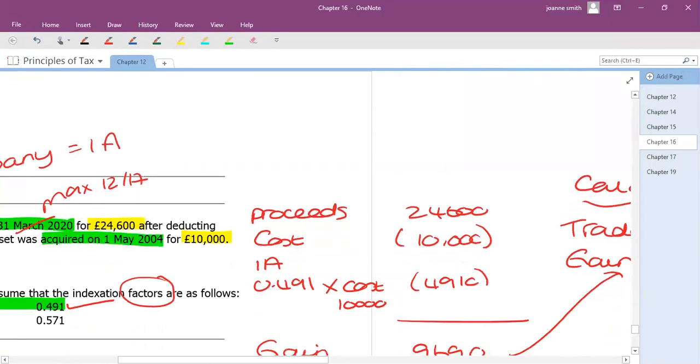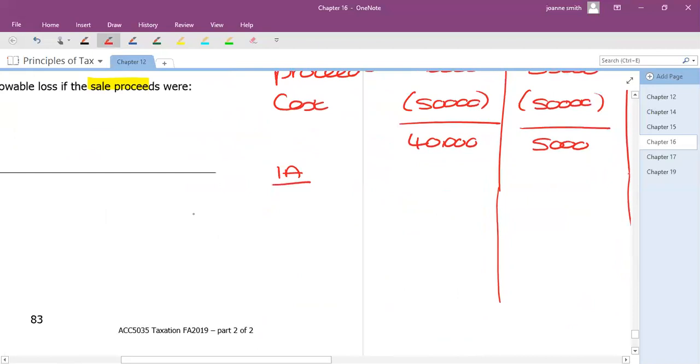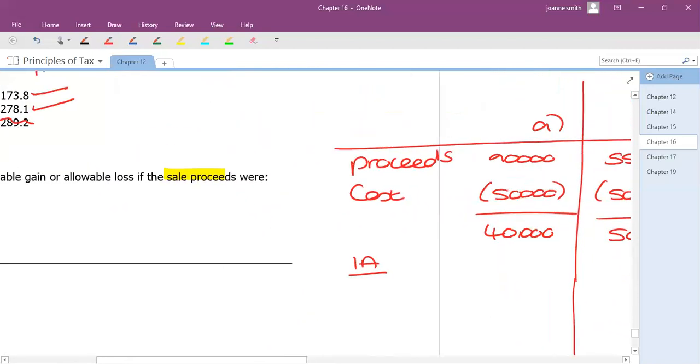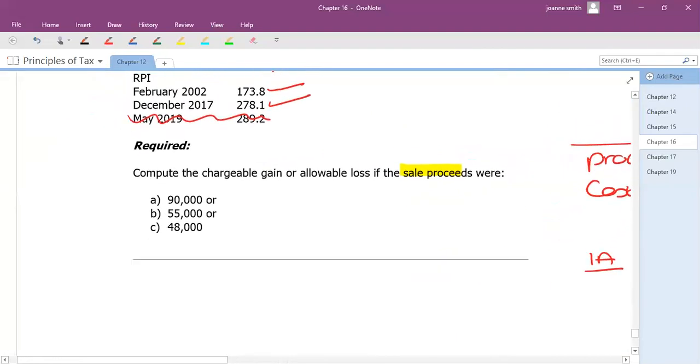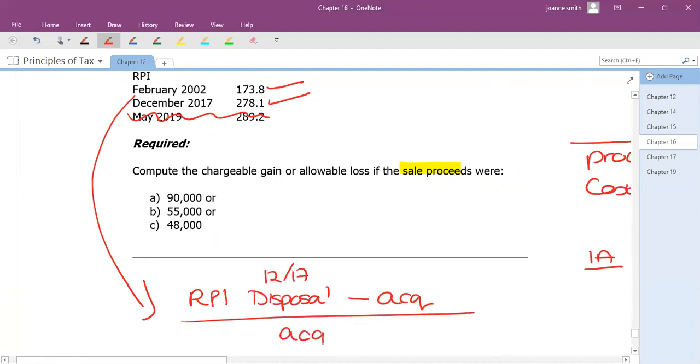So if we have a look at this, so the index factor when I sell it, in fact, let's just do a calculation down here. So our RPI at disposal, which is deemed to be December 17, minus acquisition divided by acquisition.